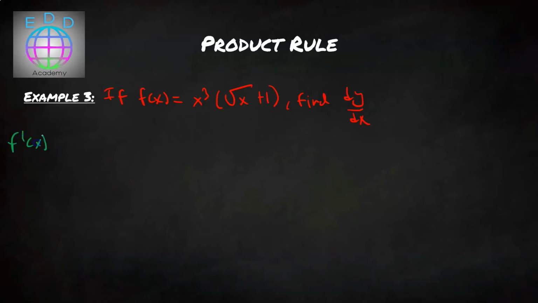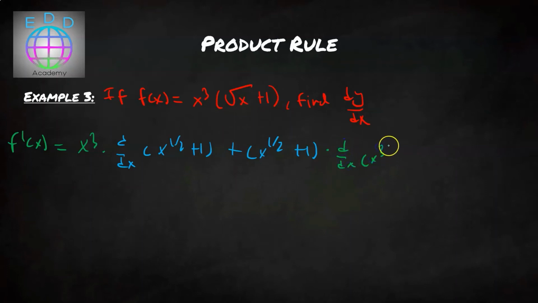So f prime of x equals x cubed times the derivative of, I'll rewrite square root of x plus 1 as x to the 1/2 plus 1, and then plus, once again, x to the 1/2 plus 1 times the derivative of x cubed.